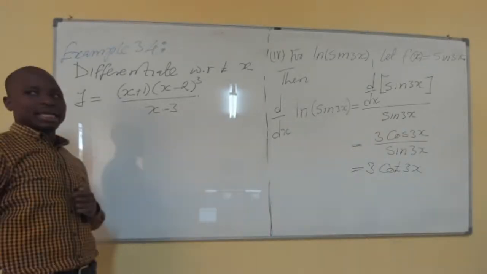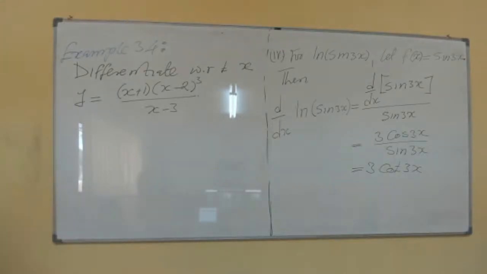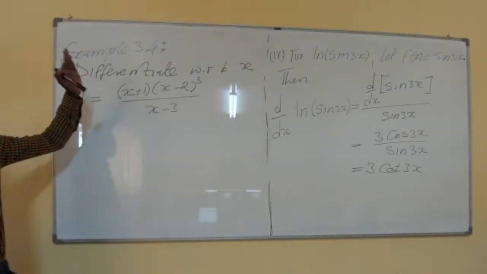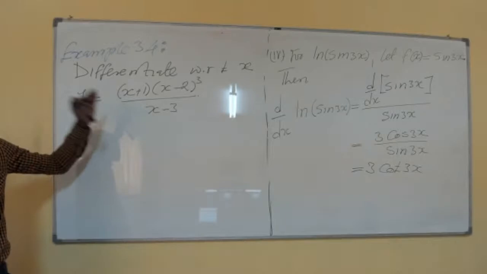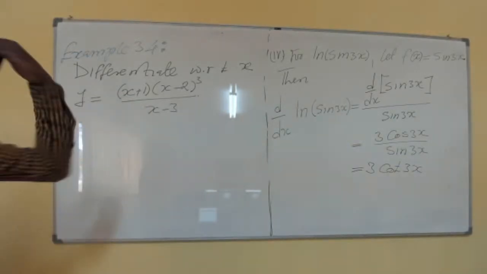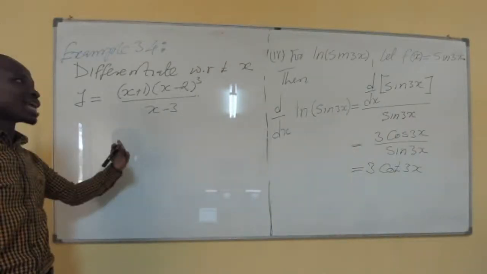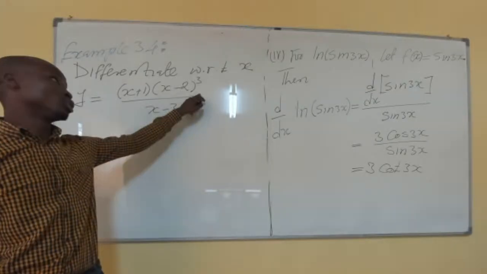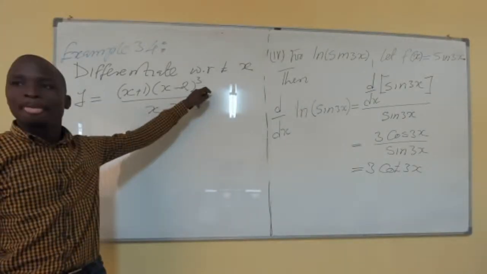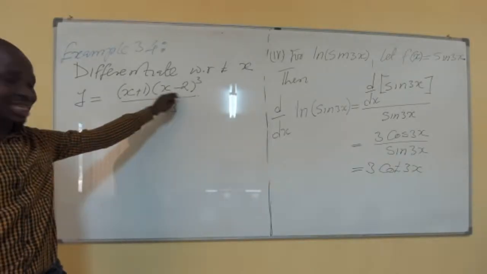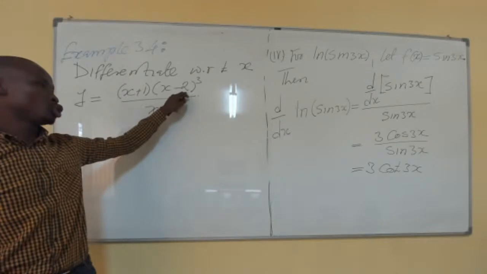Now, if I give you this kind of equation in an exam, how can you handle it? If you use the quotient rule, you have to apply the product rule at the same time. You apply all these in the same solving. It will make your life so tedious, because you apply the chain rule on x minus 2 to the power 3, or you expand it.